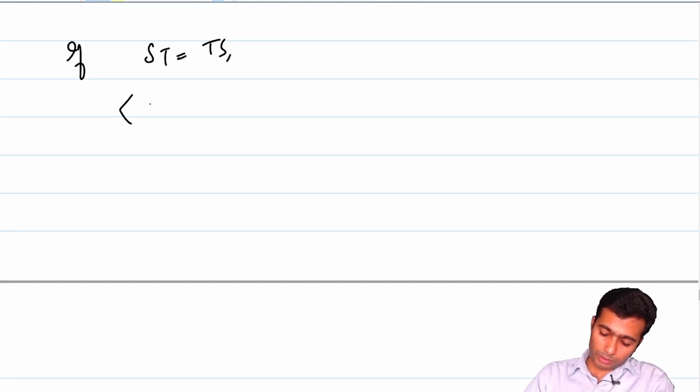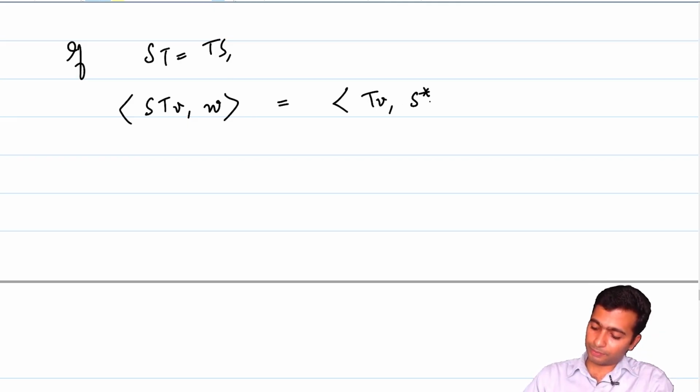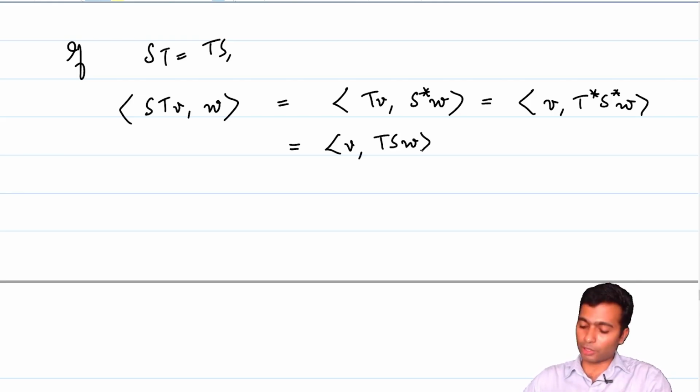Conversely, what is going to be STV comma W? This is just going to be equal to TV comma S star W, which is equal to V comma T star S star W, which is equal to V comma TSW, because both T and S are self-adjoint.